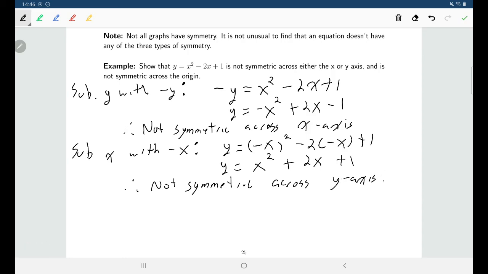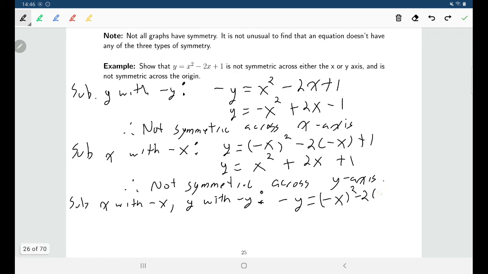And then finally, we wanted to check for symmetry about the origin. So that means we're going to substitute the x with negative x, and we're going to substitute y with negative y. So we would have negative y equals negative x squared minus 2 times negative x plus 1.